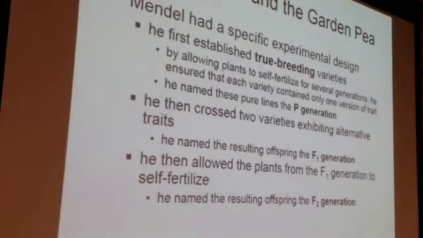If purple always gives purple, and white always gives white, then their genes, the two alleles, must be the same. So we're going to say big A is purple and little a is white.